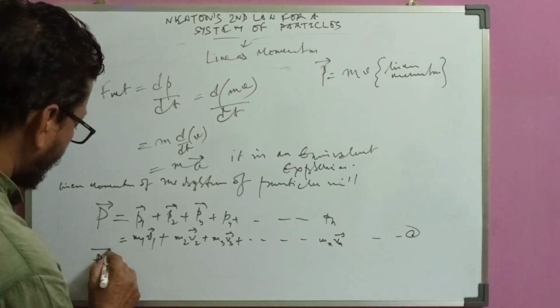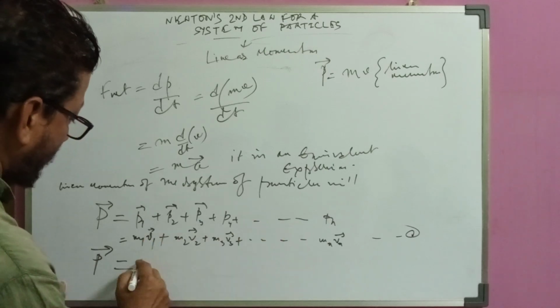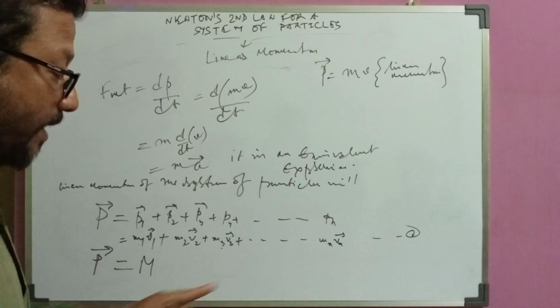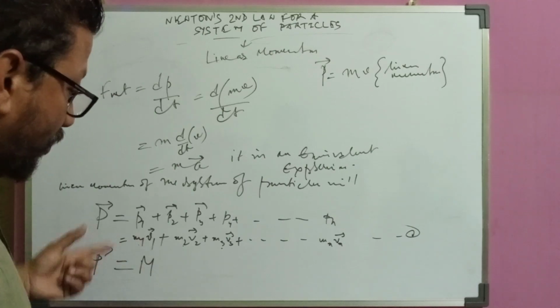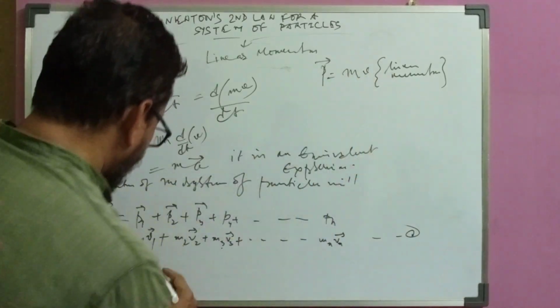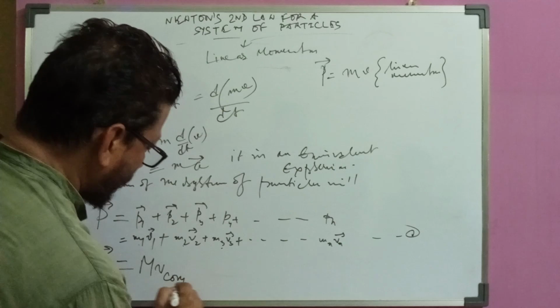As well, let's go to the previous one. This P is equal to m, and if we add the total mass, let's make it the capital M, the total mass, and the velocity will be the velocity of the center of mass of the overall system, so this will be v com.